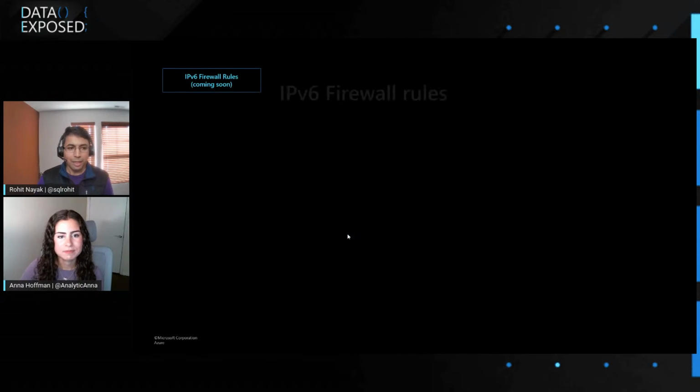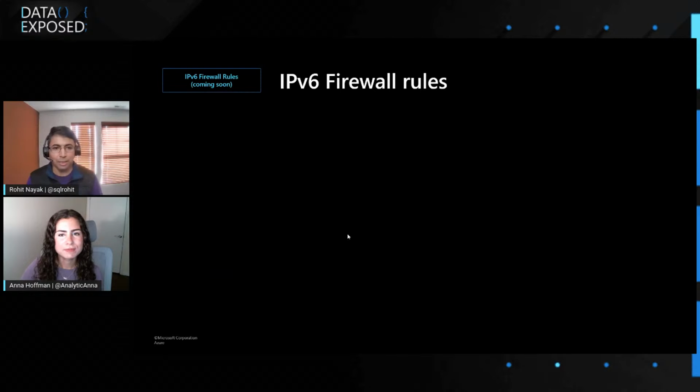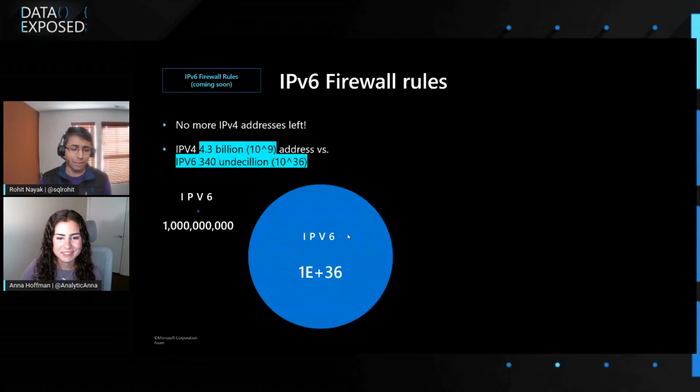Awesome. And the other feature that is on our radar is IPv6 firewall rules. The reason why we are doing this is very simple, right? Our customers are telling us, hey, we are out of IPv4 addresses. IPv6 fixes this. IPv4 was 4.3 billion IP addresses and we are all out of them.